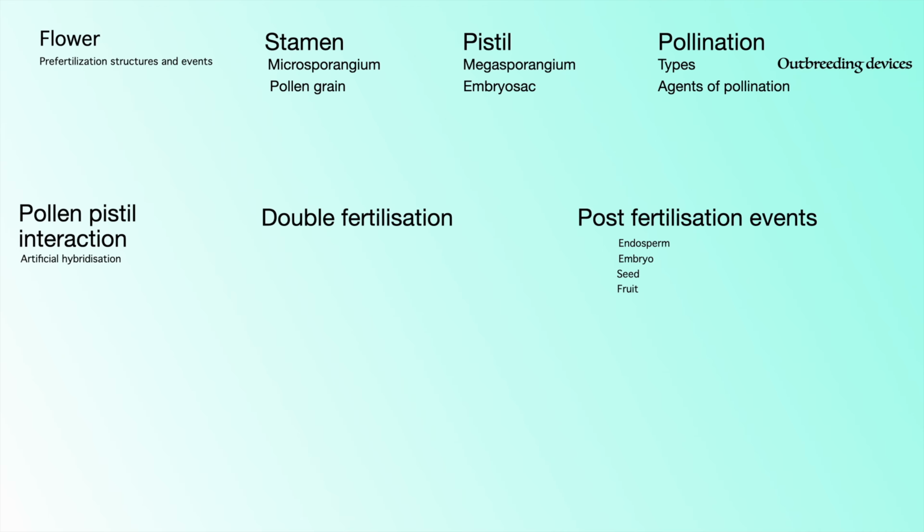Same way, here endosperm also develops. If you take a coconut, the coconut water is nothing but a free nuclear endosperm. And the kernel, what we see, is a cellular endosperm.